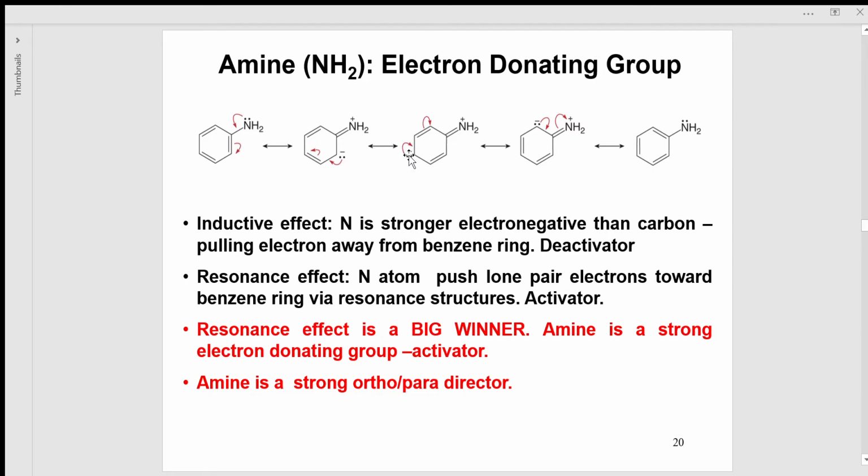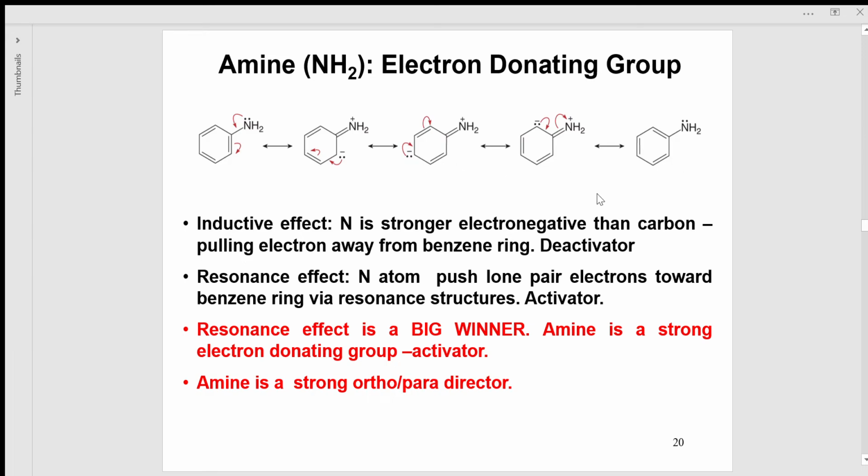The second carbon bears a negative charge. This is an ortho position. This is a para position, again relative to the amine group. This is just the neighboring carbon, the ortho position. This is a para position. This is another ortho position. So we can say that both ortho positions and the para position actually bear a negative charge.